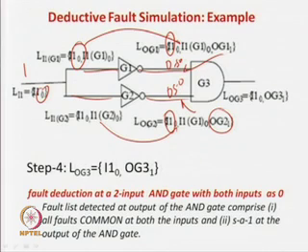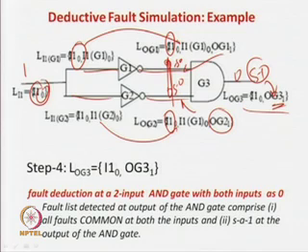That is the only fault which can be detected at the output, and of course you get a 0 and a 0 over here. So a stuck-at-1 fault at this net can be detected. This is the common fault, that is, a stuck-at-0 fault at this line is affecting both this input and this input. So that is the only thing that will propagate here, and other things will not be propagated.